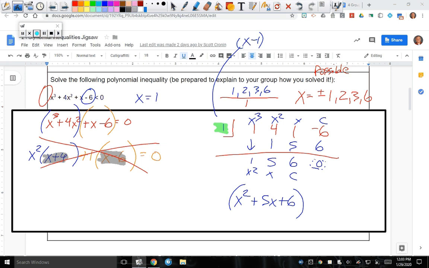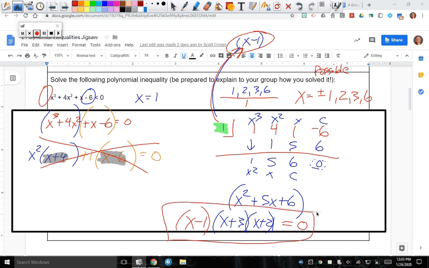And what will that factor to? Nice. So x plus 3, x plus 2. We know that this one gave us x minus 1. And what I've just built is my sign test factored piece. This is the machine that I'm going to test to see what sign it will spit out.